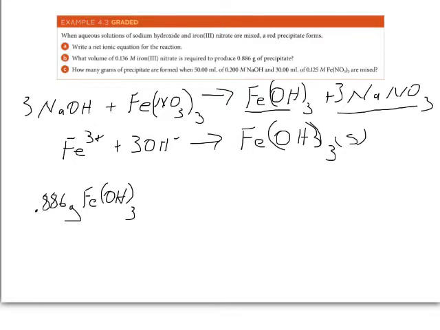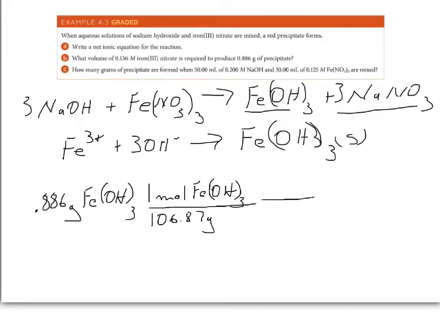So I guess first I need to convert the iron 3 hydroxide into moles, and that mass is about 106.87 grams per mole, right?